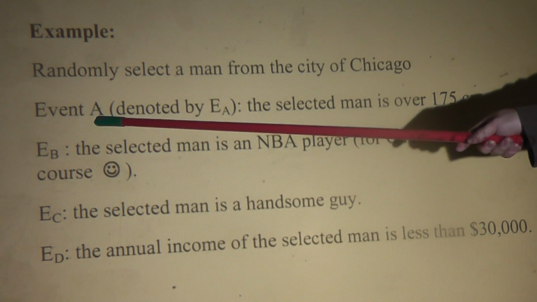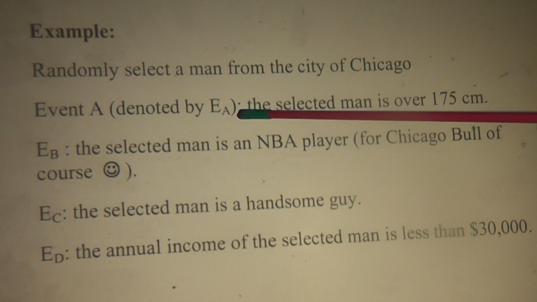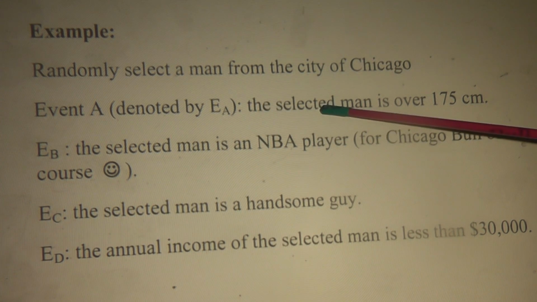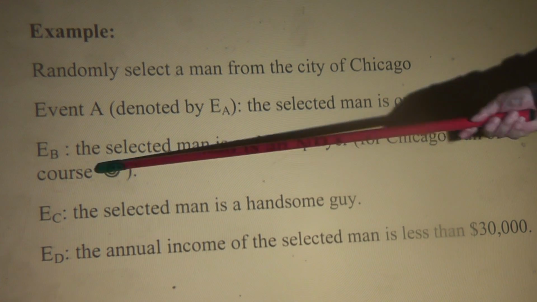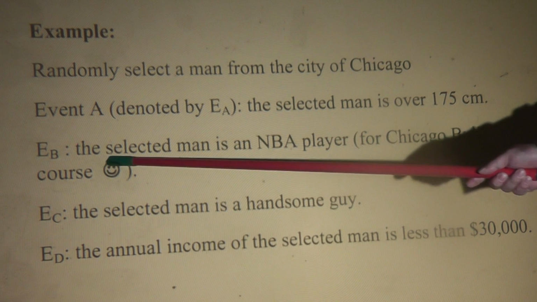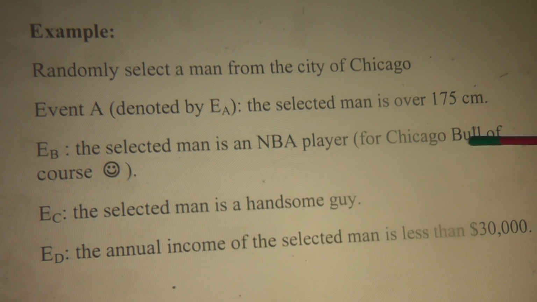Event A, denoted by E sub A, is an event that we select a man who is over 175 centimeters tall. Event B, the selected man is an NBA player, okay? And you know the team for Chicago is the Chicago Bulls.